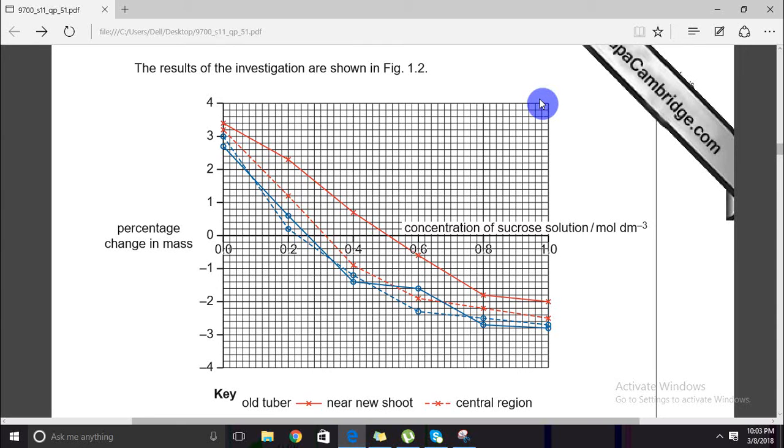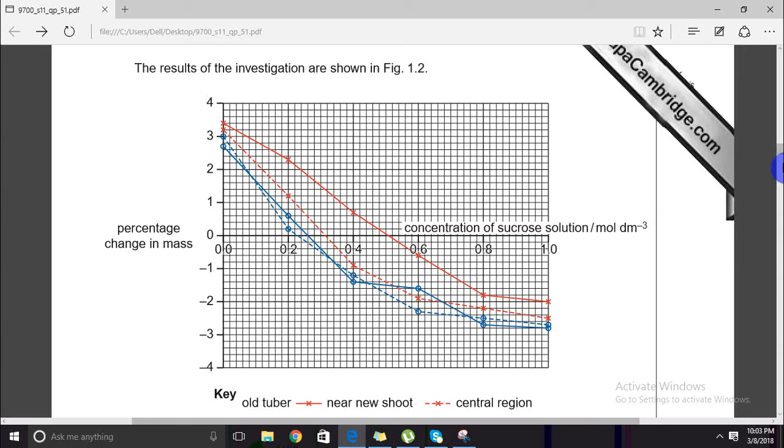And on the x-axis we have concentration of sucrose solution, and we've got a number of curves here, 4 to be exact, because we did take 4 distinct samples.